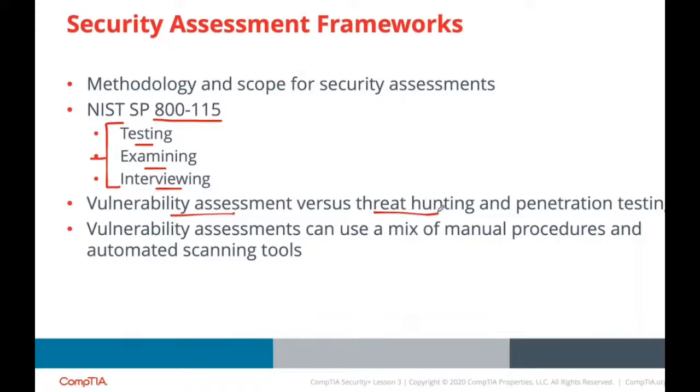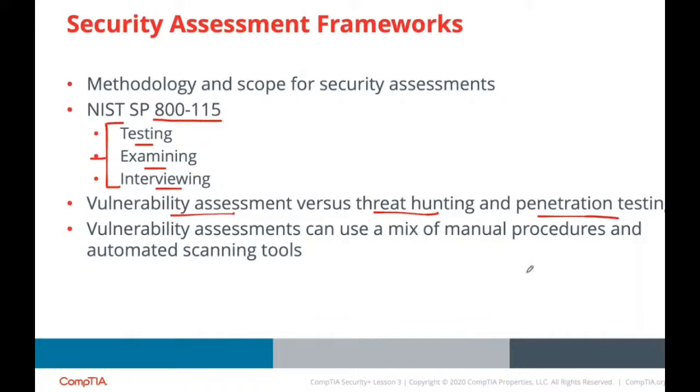Threat hunting is basically to get more information, looking for the threats in the network. Then we have penetration testing.